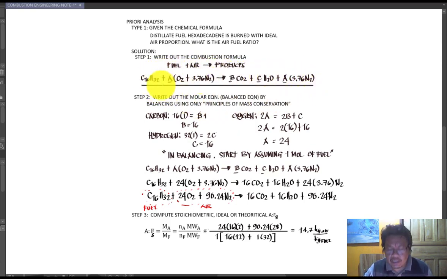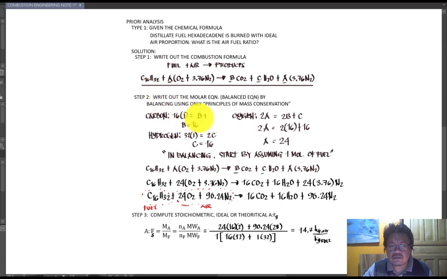So ito na yan, the standard formula, paulit-ulit na lang yan, in terms of liquid fuels only. So we have the air and we have your fuel, then this is your product of combustion. Then we do mass balance of the molecules, and we're going to assume 1 mole dito of your fuel.